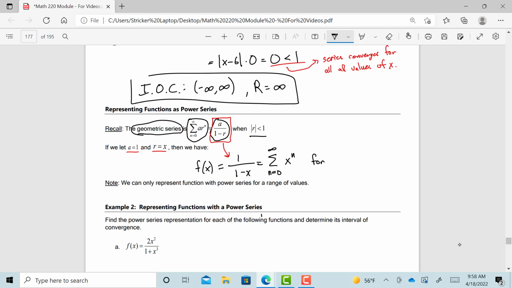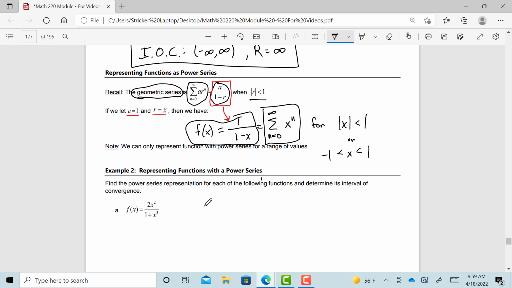It converges for all values of x with absolute value of x less than 1, or values of x between -1 and +1. So any function that has the form 1 over 1 minus x, or some form similar to that, we can use the geometric power series representation.